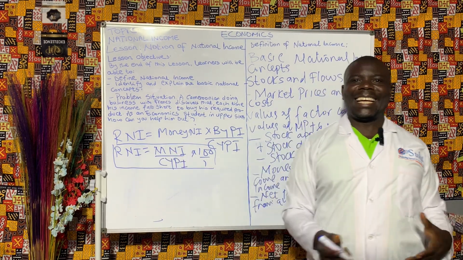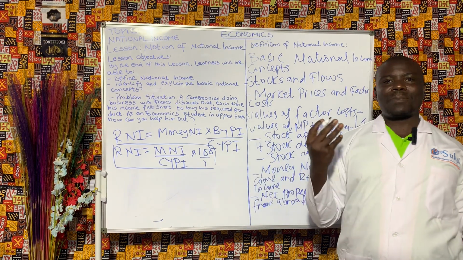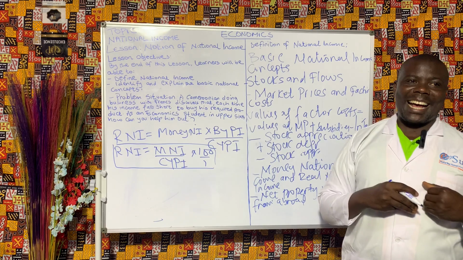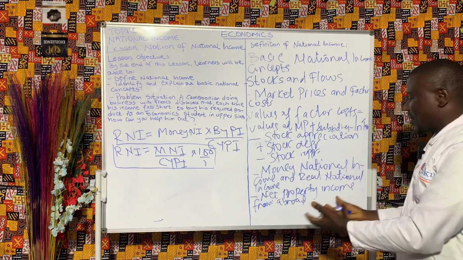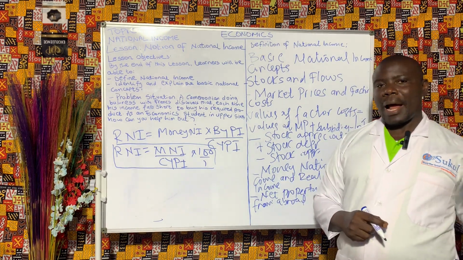Net property income from abroad. This is the difference between property income from abroad and property income paid abroad. That gives us what is known as the net property income from abroad.